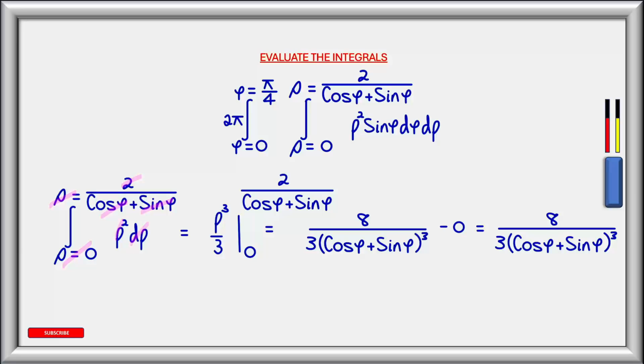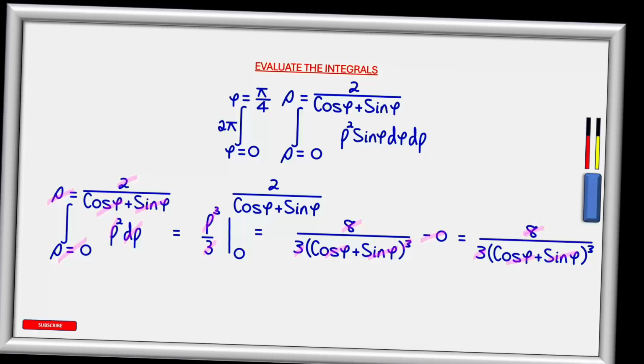Using the power rule, this evaluates to ρ cubed divided by 3, and plugging in the limits of integration, we have 8 divided by 3 times the bracket of cos φ plus sin φ all cubed, minus 0. And this equals 8 divided by 3 times the bracket of cos φ plus sin φ all cubed.